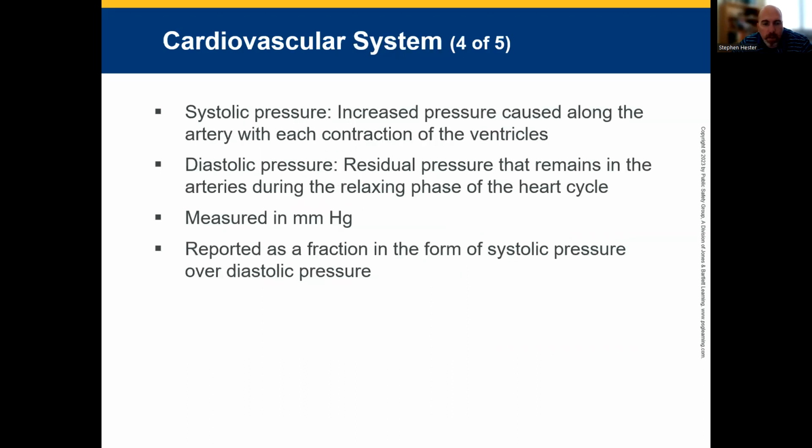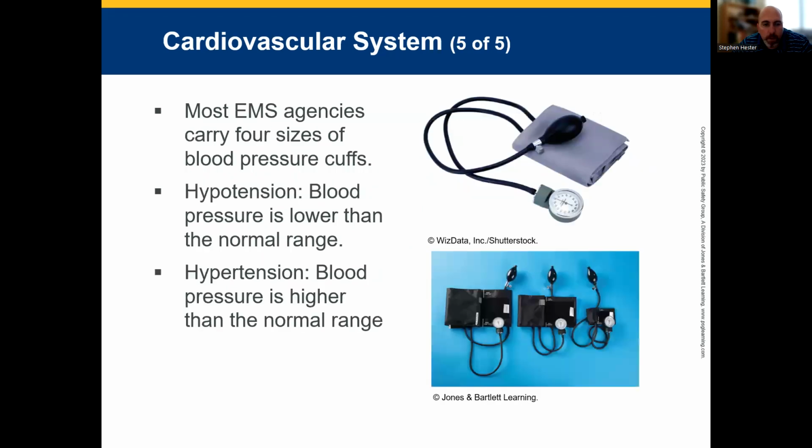So, being able to differentiate between your systolic and diastolic, and then what methods you really want to use. Also recognizing hypotension and hypertension depending on the system that you work in.